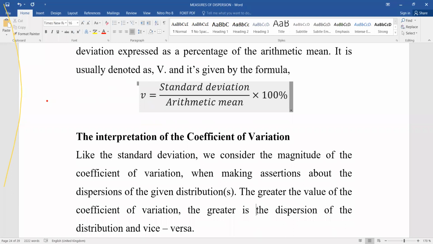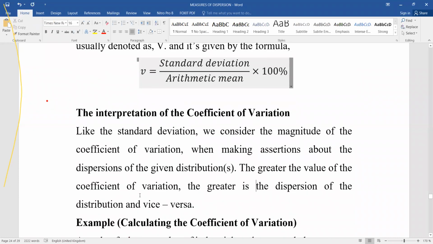For example, if you're to compare workers, you're comparing their heights and maybe their weights. Height is measured in meters, weight is measured in kilograms. So you can only use the coefficient of variation. You cannot use standard deviation.